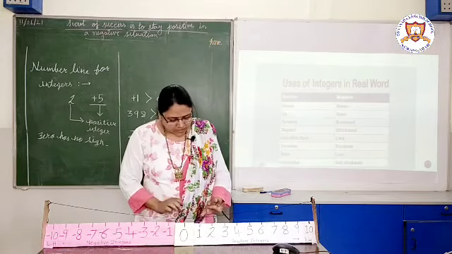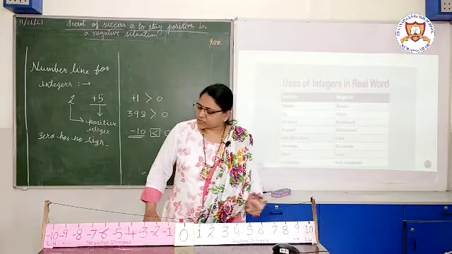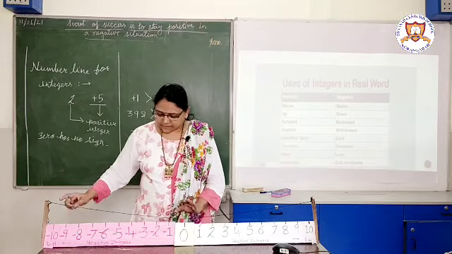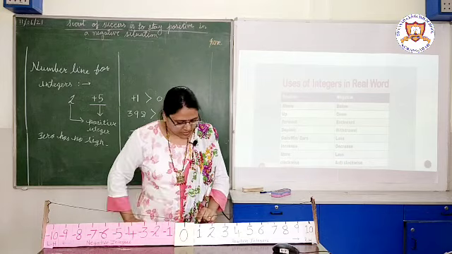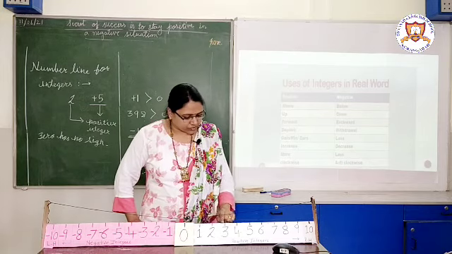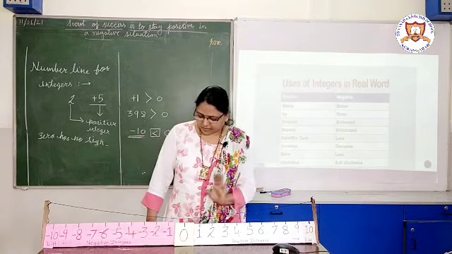Ascending order starts with 0, then 1, 2, 3, 4, 5 and infinite numbers.